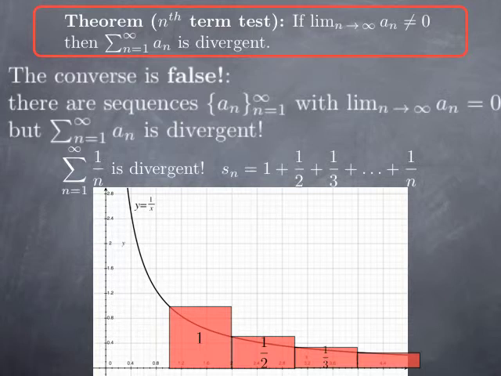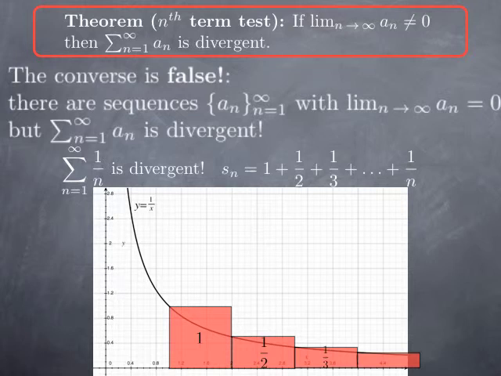And you see that this red area, the sum of the area of these rectangles, is above the area under the graph of 1 over x over the interval running from 1 to 5. So if I add the first 4 terms, I get something that is above the area under the graph of 1 over x from 1 to 5.